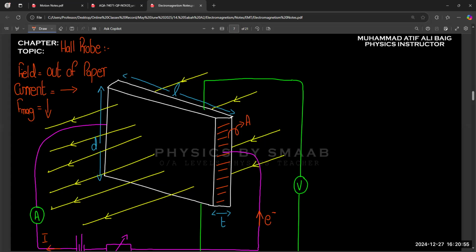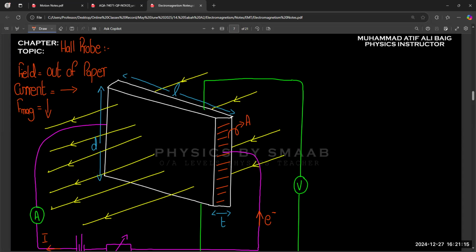So basically in this whole scenario, we observe that the left-hand rule applies on this whole probe, and we identified that the force due to the magnetic field on this conductor is acting in the downward direction. But actually what happens?